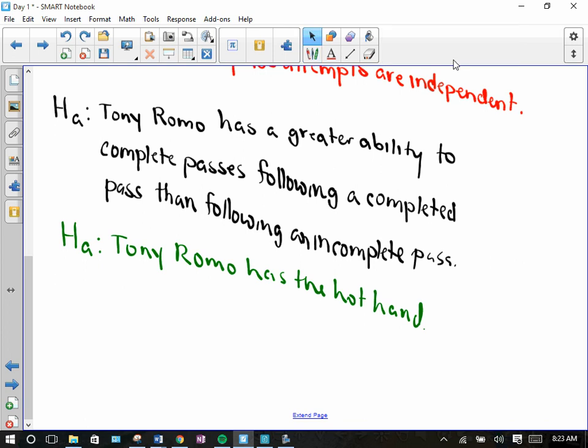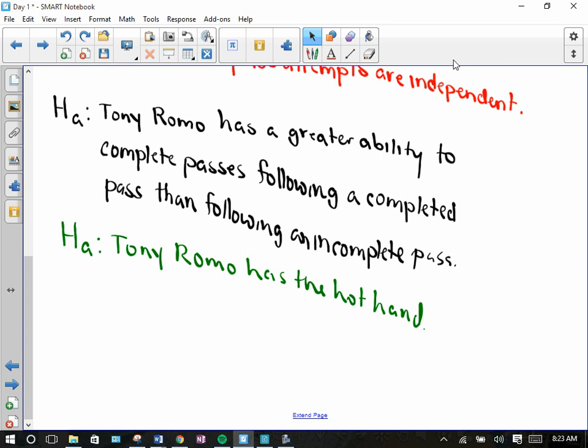Alright, Tony Romo has the hot hand. In this case, it's shorter, but it says the same thing. Having the hot hand means that you have a greater ability to be successful following a success than following a failure.